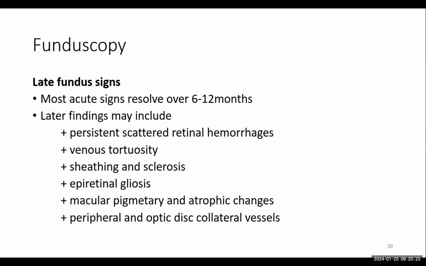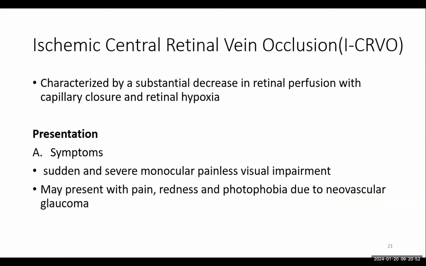On fundoscopy, most of the acute signs usually resolve within 6 to 12 months. The late findings may include persistent scattered retinal hemorrhage, venous tortuosity, sheathing and sclerosis of the blood vessels, retinal gliosis, and macular pigmentary and atrophic changes. Peripapillary optic disc collateral vessels may also be seen.